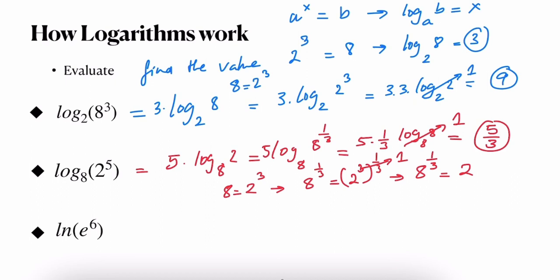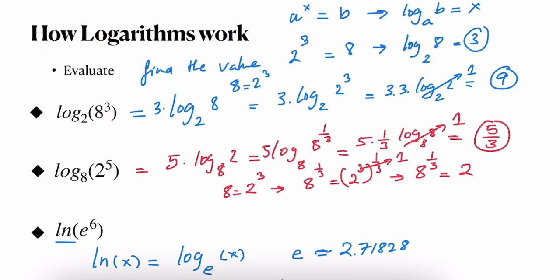Now for the next example, when you see a natural log term, which is ln. As a reminder, ln x equals log base e of x, where e is a natural number and it is about 2.71828.